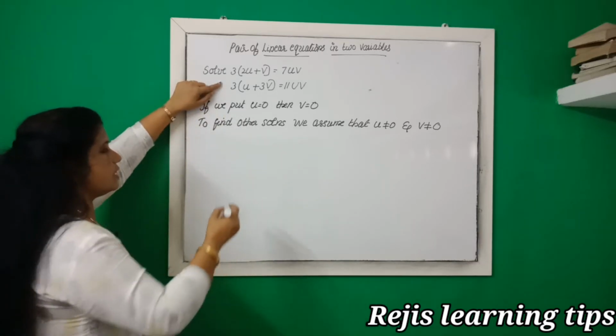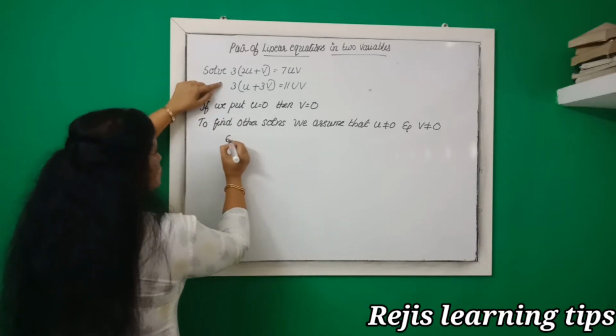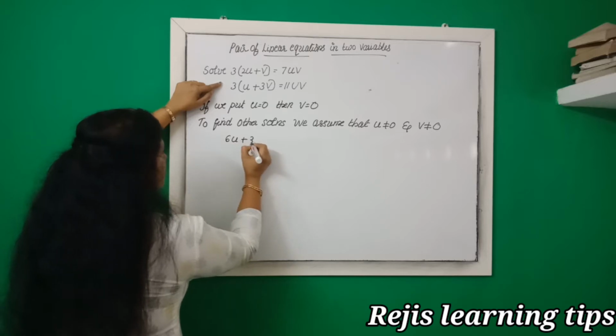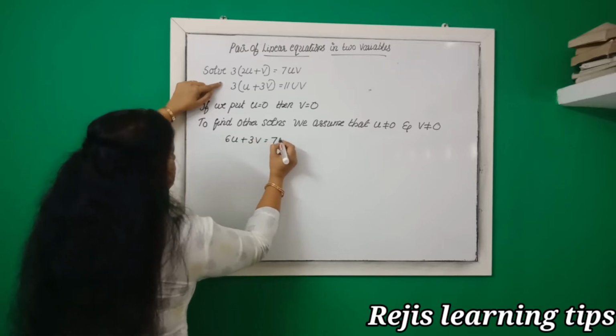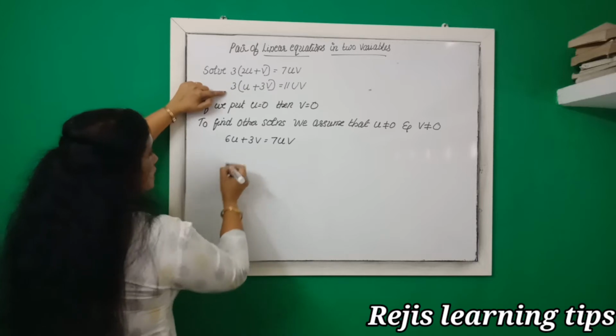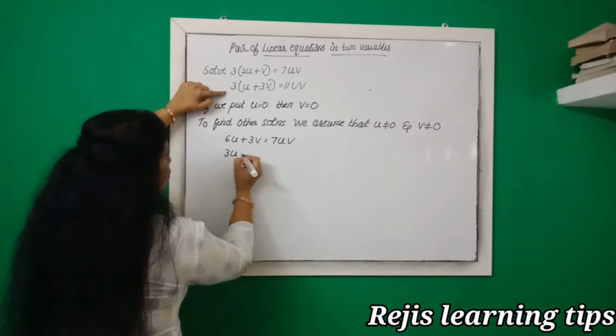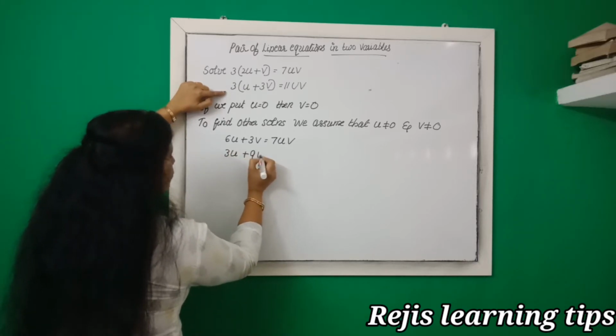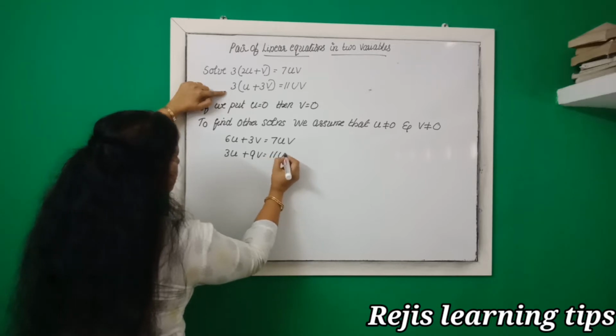Then first we open the brackets: 6u + 3v is equal to 7uv. Here also, 3u + 9v is equal to 11uv.